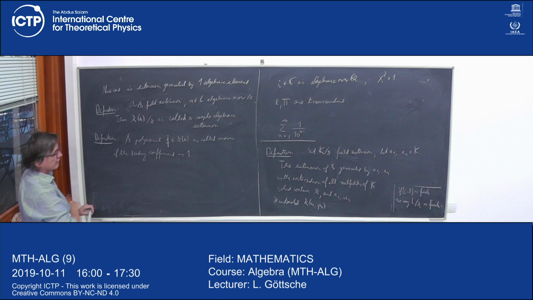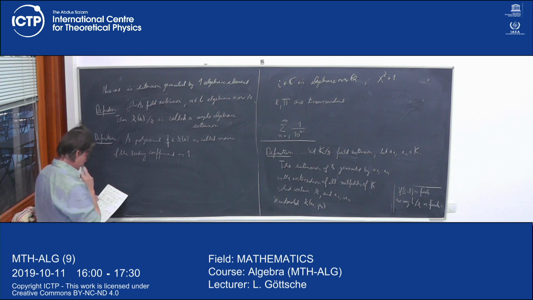It's clear that by multiplying by a non-zero element in K, so by multiplying by a unit, I can always make a polynomial monic.